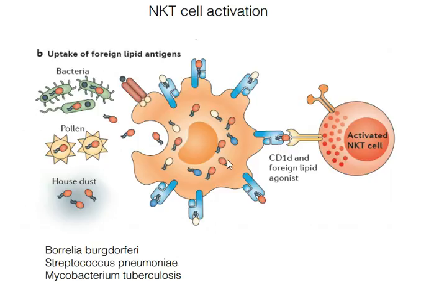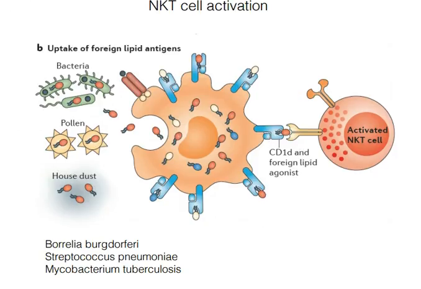The lipid will be loaded intracellularly onto the CD1, it will go to the surface and the NKT cell will come. It will see the CD1 with the lipid from the bacteria, and as a result get activated. So it's quite easy. Internalise bacteria and induce NKT cell activation.